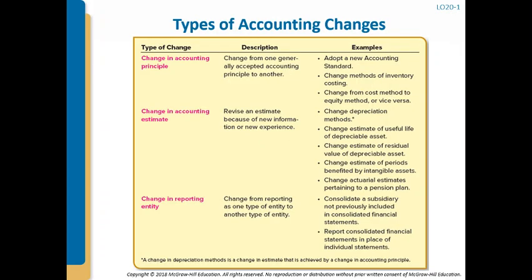And then last but not least, you could have a change in reporting entity. That's when you're moving from, let's say, consolidating a subsidiary not previously included, or reporting consolidated financial statements in place of individual statements.